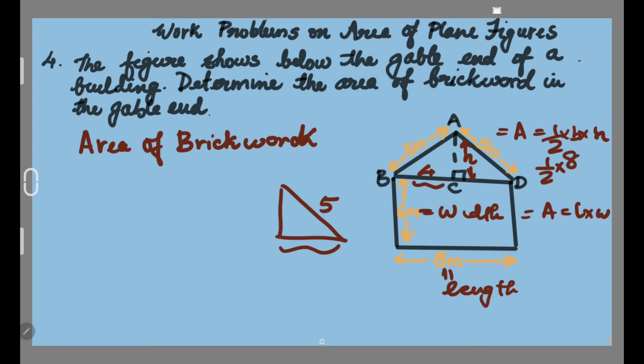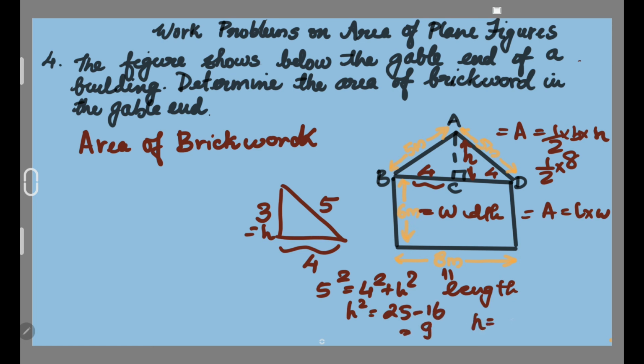So this is 4 and this is 4. So we know the base is 4 and the hypotenuse is 5. That is 5 square equals 4 square plus h square. This was h, right? The height. So h square is 25 minus 16, and that is 9, and h is plus or minus 3, so minus is neglected, so you get h as 3.